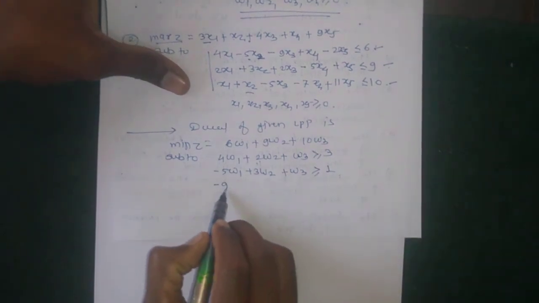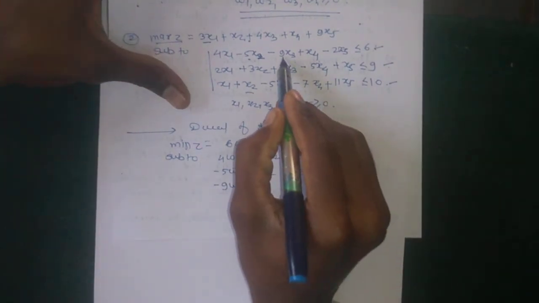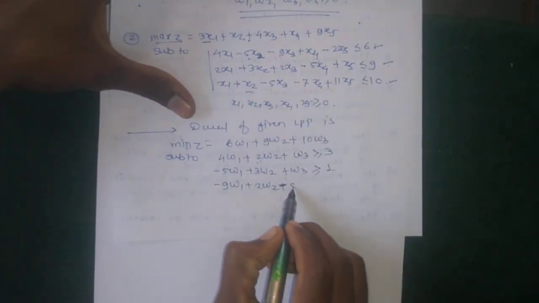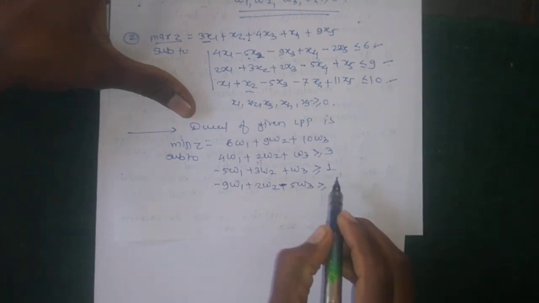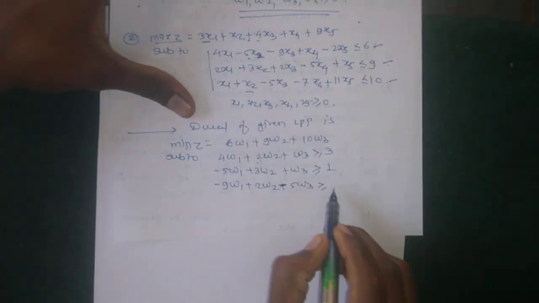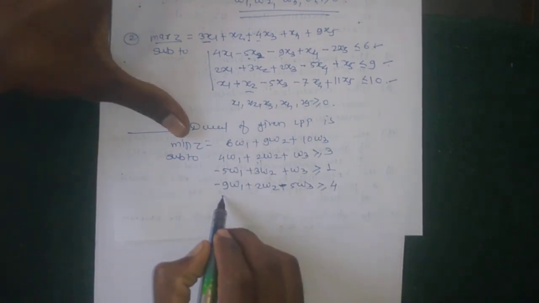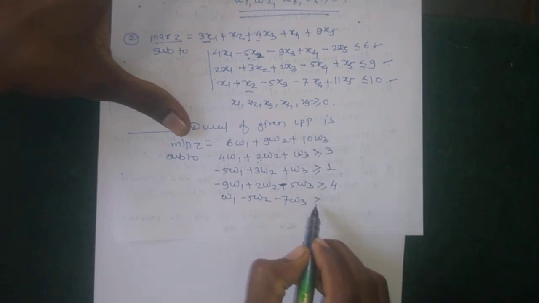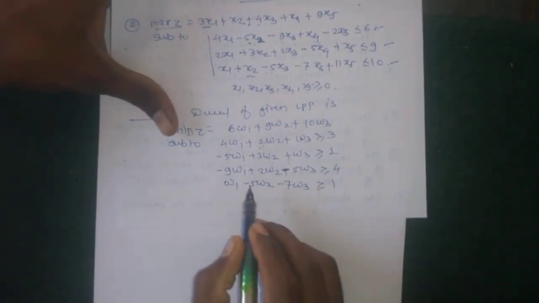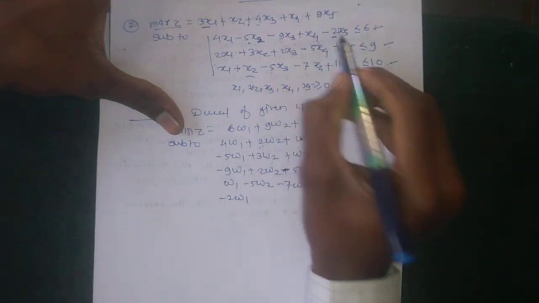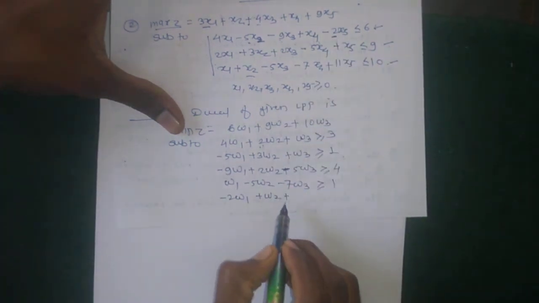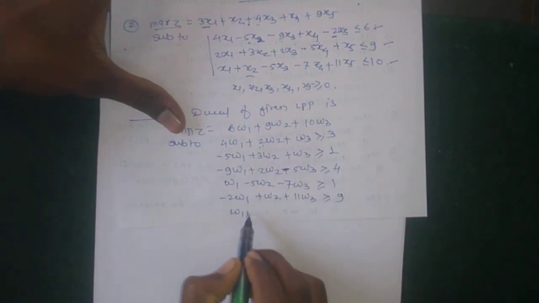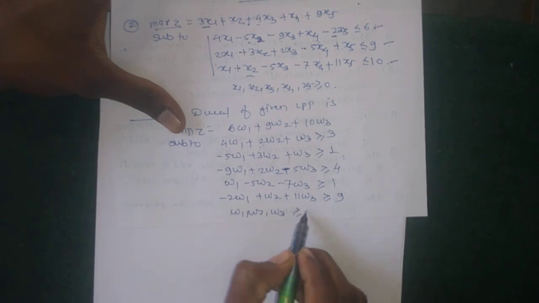Then minus 9w1 plus 2w2 minus 5w3 which is greater equal 4. Then the next constraint is w1 minus 5w2 minus 7w3 which is greater equal 1, and the last one is minus 2w1 plus w2 plus 11w3 which is greater equal 9, and all w1, w2, w3 are greater equal 0.